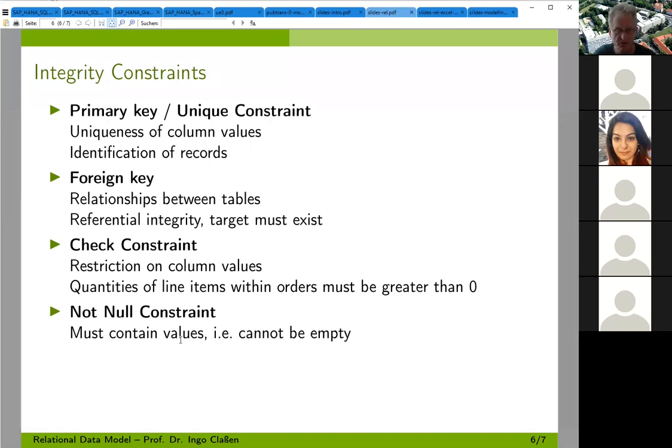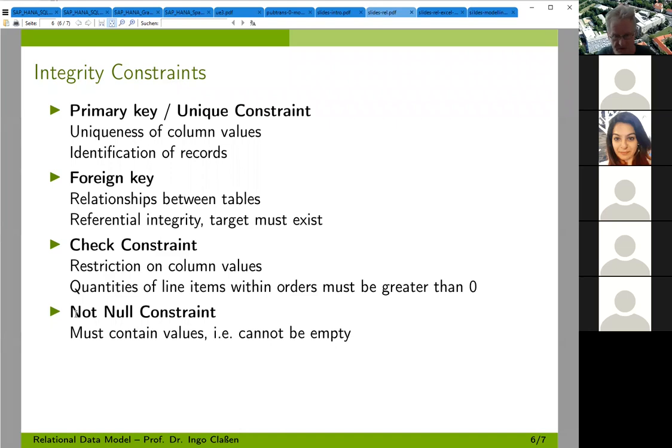So quantity must be greater than 0, but the data type integer also allows 0 and also allows negative values. So it would be nice if you could simply have an expression that tells us quantity must be greater than 0, quantity > 0, for example. And that is something the database system allows with check constraints.